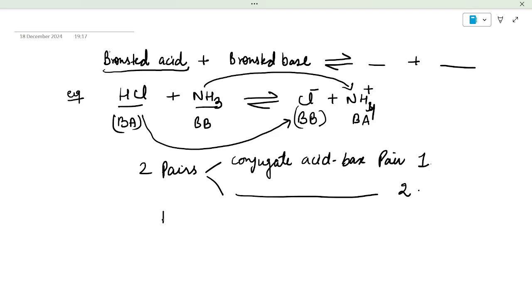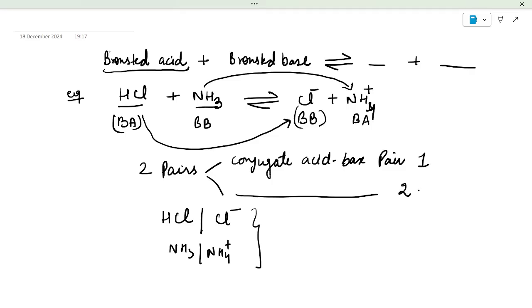In the above reaction, if you are asked to find the pairs, HCl and Cl negative is one pair, and ammonia and the ammonium ion is the second pair. These are the two pairs known as conjugate acid base pairs. If you take an acid, it is going to get converted into a base, and if you take a base, it is going to get converted into an acid.